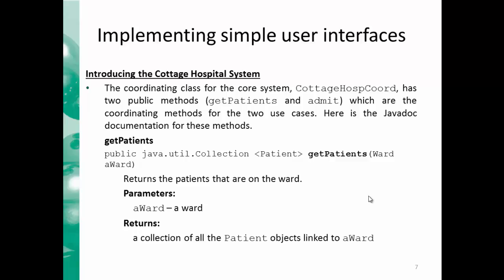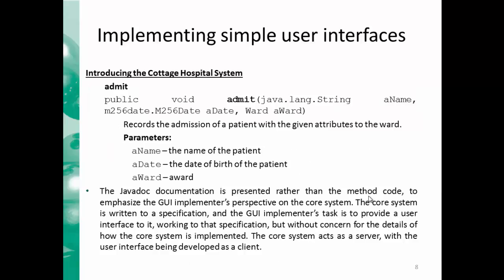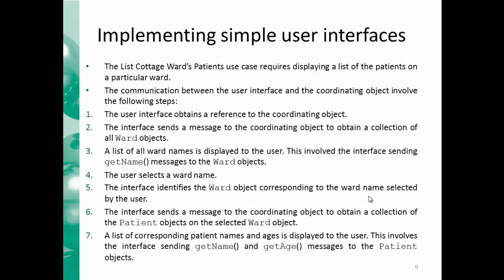One is get patients, to be able to get the list of patients admitted to the Cottage hospital, and the other one is to admit new patients in that hospital. More details about the admit method that takes some particular parameters as shown in this slide.